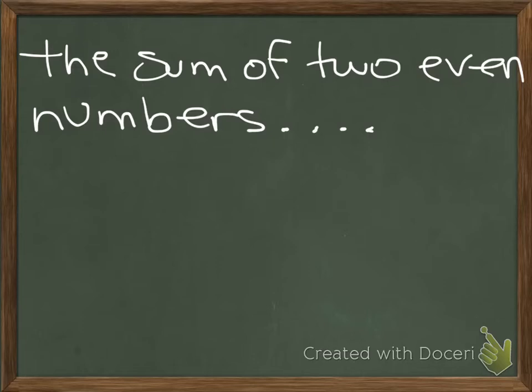And you can try it out too, but think of the numbers 2 and 4. If you add those together, what are you going to get? 6. Then if you keep going, 4 and 6, what are you going to get? 10. And as you can see, based on the pattern, what you'll see is that everything that's added together, 2 even numbers, is always an even number.